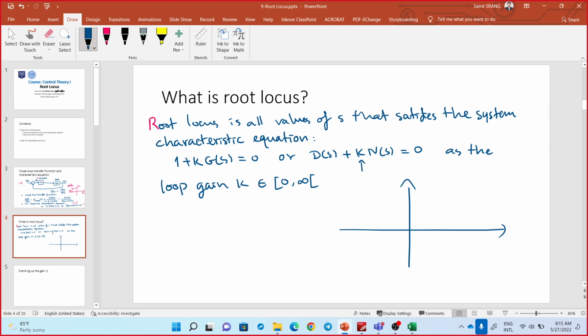If k is 0, this equation reduces to d of s equal to 0, which is the pole of the open loop transfer function, right? Because open loop equals n of s over d of s.